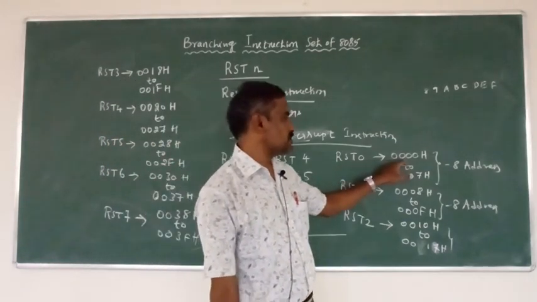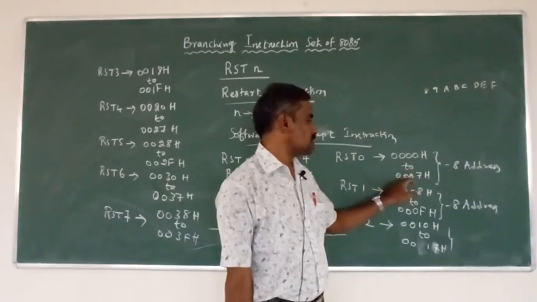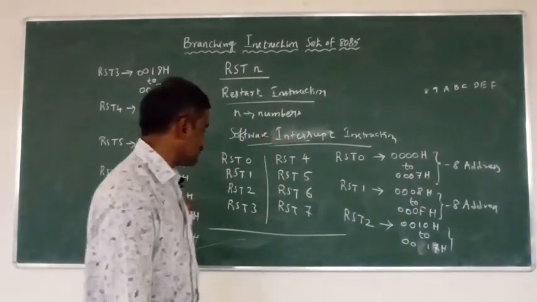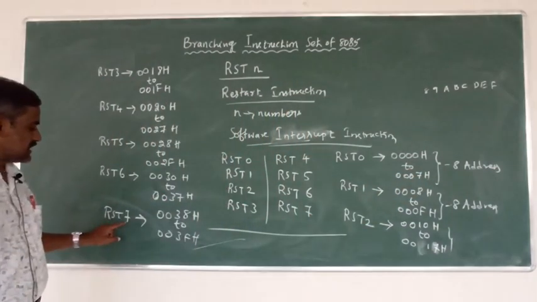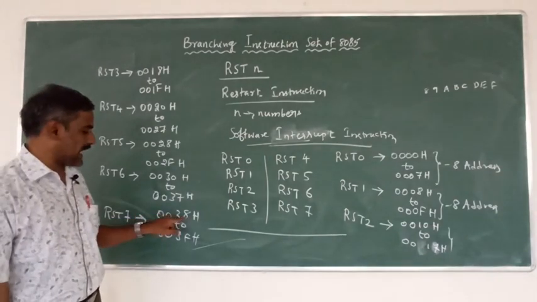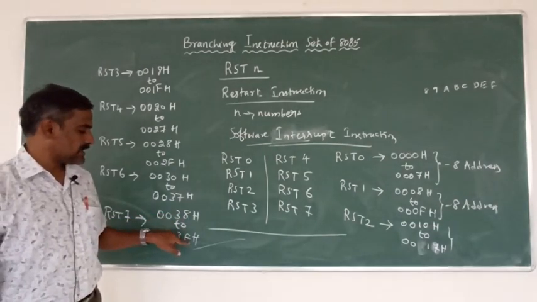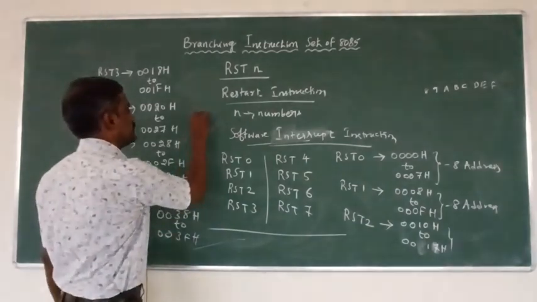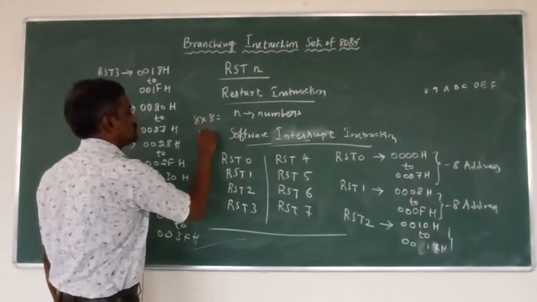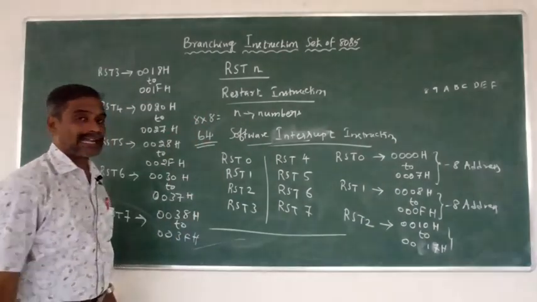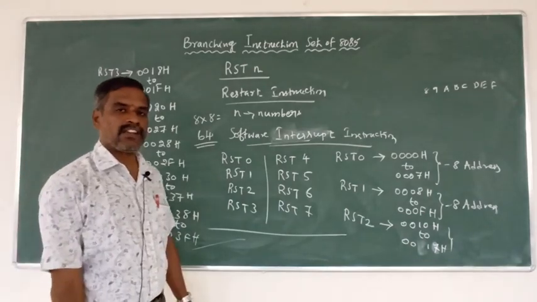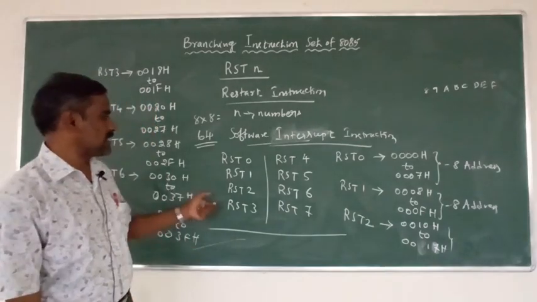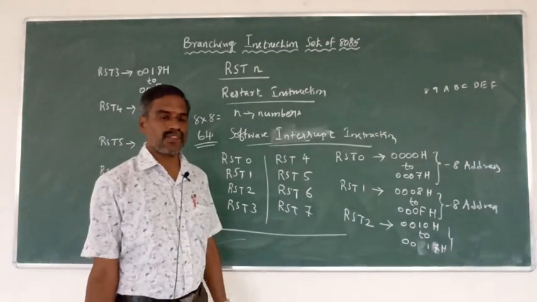RST0 starts from 0000 to 0007H, like that. RST7 is 0038 to 003FH. Total 8 into 8 equals 64 memory address locations. There is a fixed memory address location for each restart.